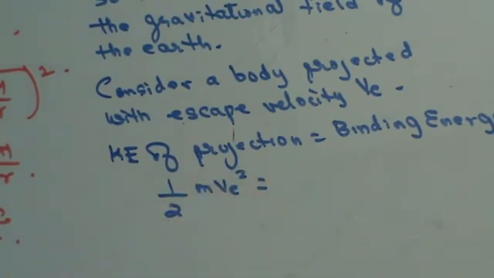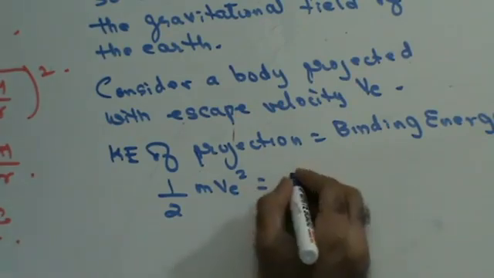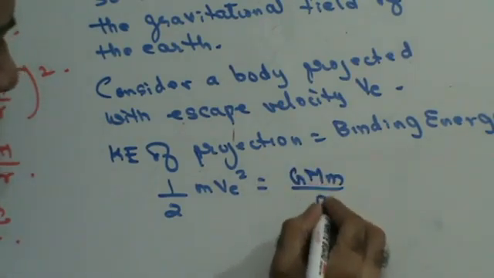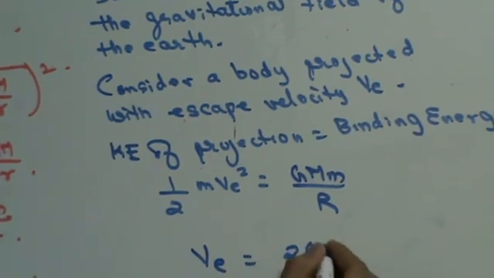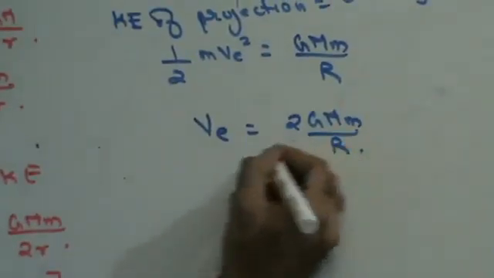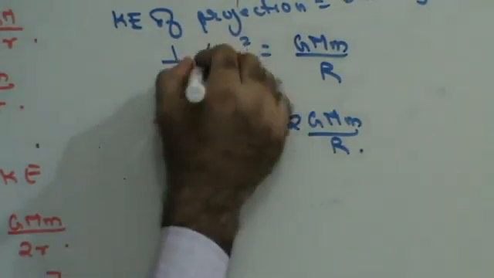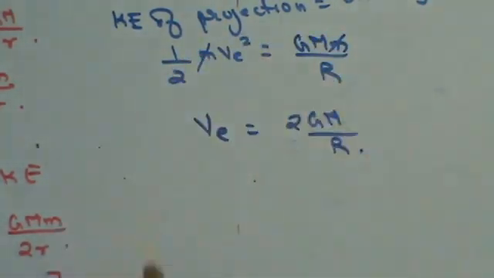Binding energy we just found out is nothing but GMm upon 2 times R plus h, or binding energy on the surface of the earth is nothing but GMm upon R. Right? So in that case, I can therefore say that VE is nothing but square root of 2GM upon R, as m and m get cancelled. Right? So that is going to be my escape velocity.